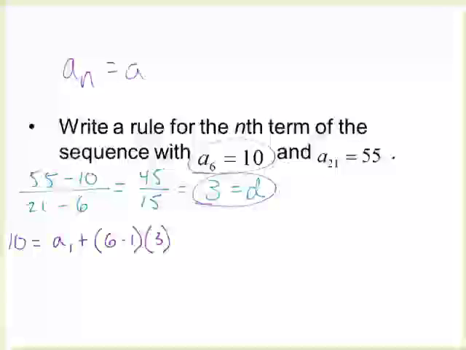So using that same formula we've been working through. So 5 times 3 is 15. Subtract out, so our first term is negative 5.